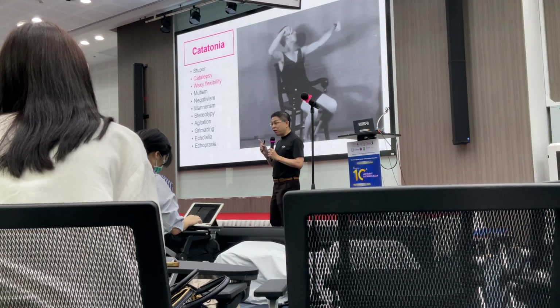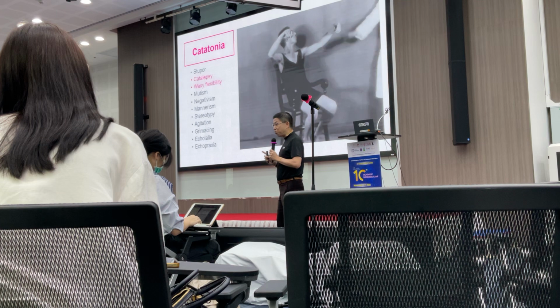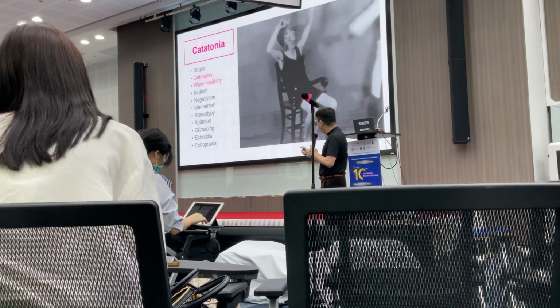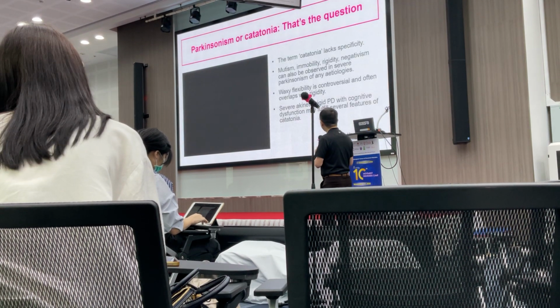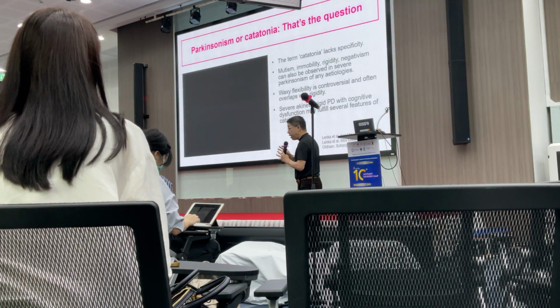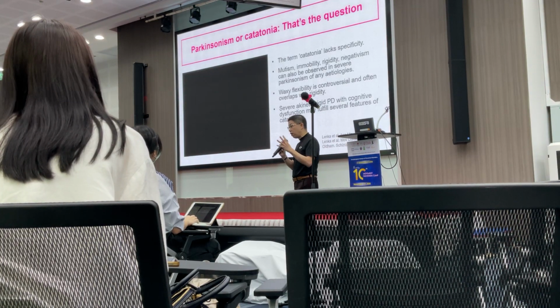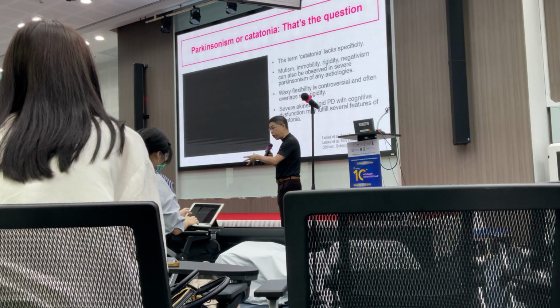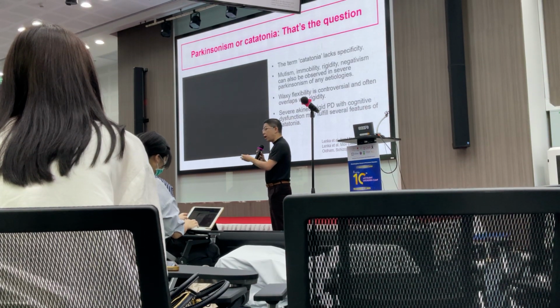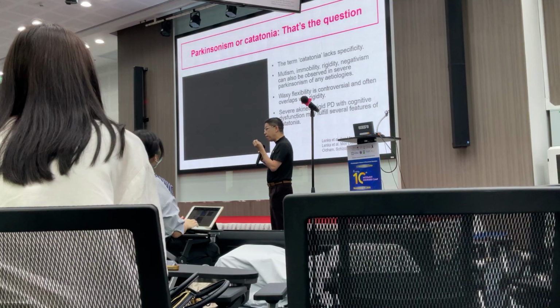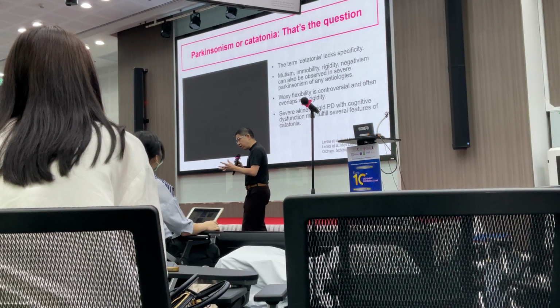But the issue of catatonia is even more complex than that, and we probably might not have time to go into it. Catatonia is such a vague term, with those features that I showed you, but it doesn't mean that catatonia is a separate entity.